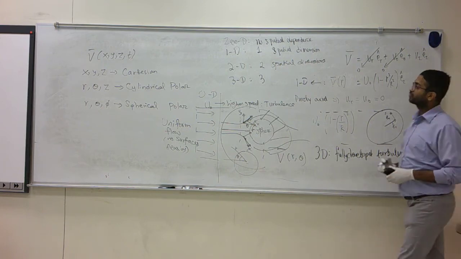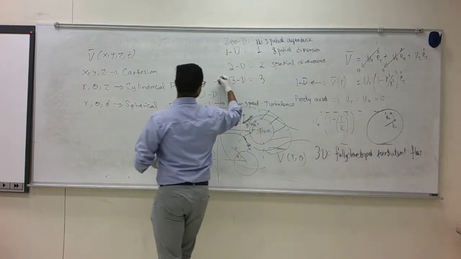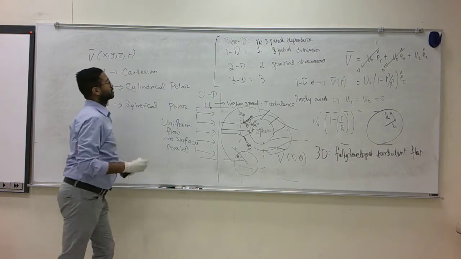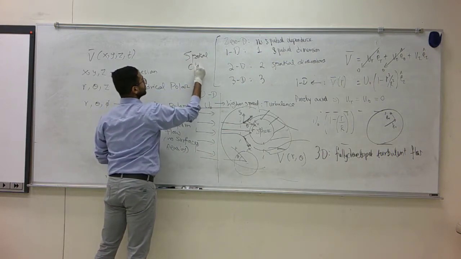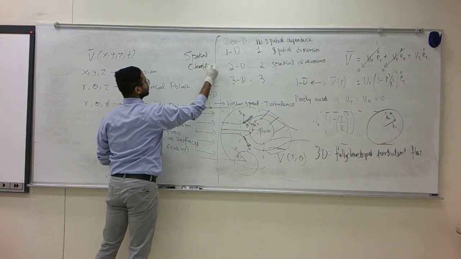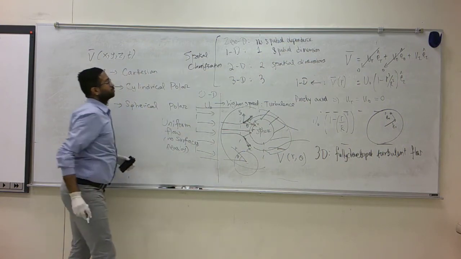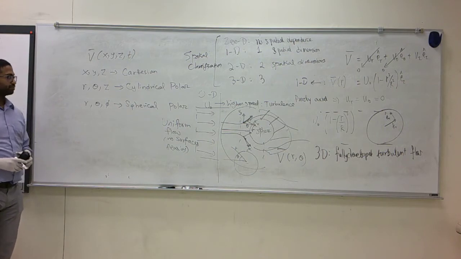So that is the classification of 1, 2, 3D flows along with 0 dimensions. Spatial classification. Okay.